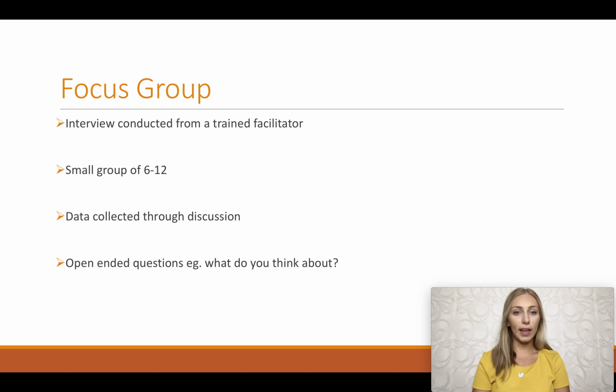The trained facilitator will ask a question on a particular issue. They may start their question with, "What do you think about?" And then the small group of 6 to 12 people will discuss that particular issue.